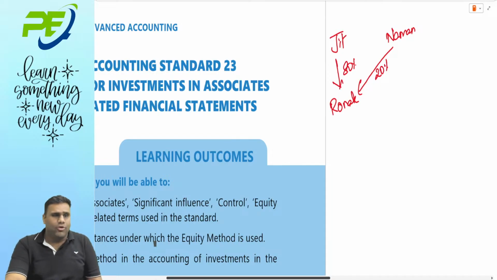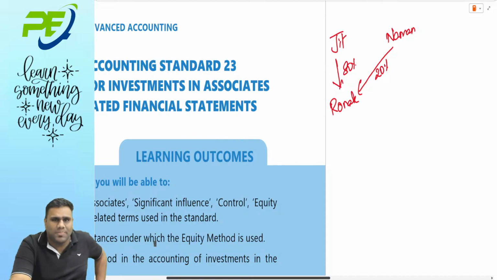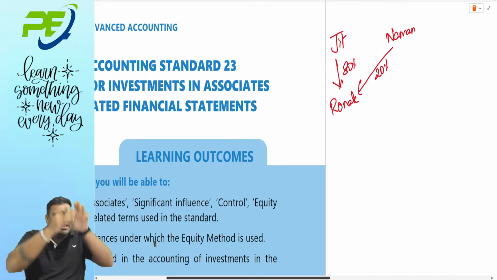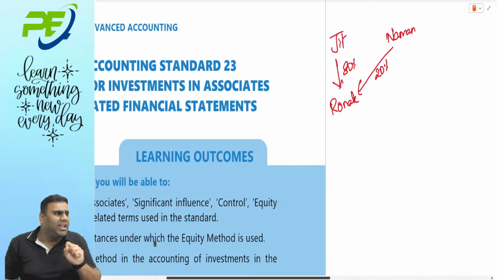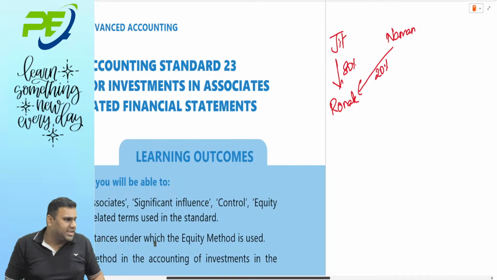Now Ronak's balance sheet will be added with Jitendra's. But Naman is also an associate. So in Jitendra's balance sheet, when Jitendra prepares consolidated statements, Naman will be a minority interest.